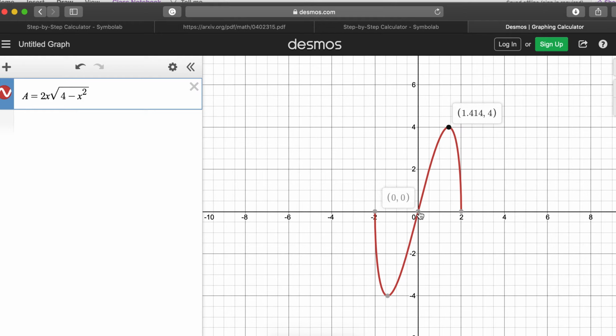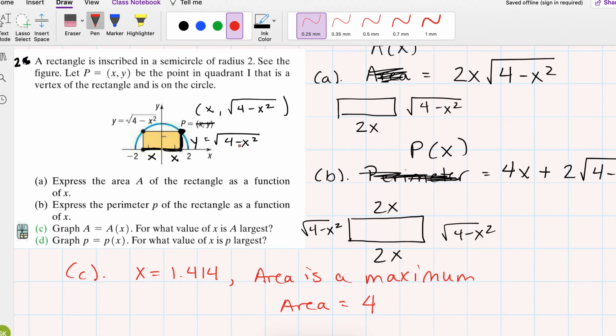Notice that if x is 0, or if x is 2, then the area is going to be 0. Why would that be? If x is 0, then our rectangle would look like this, a straight line. And there's no area for that, right? Because there's not a base here. The base is 0. We just have an up.